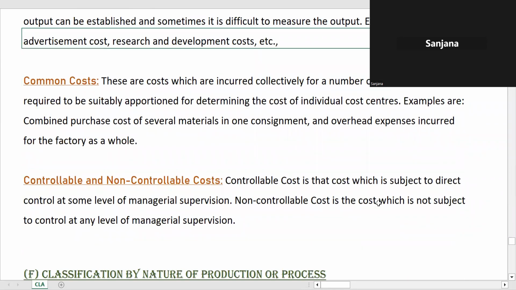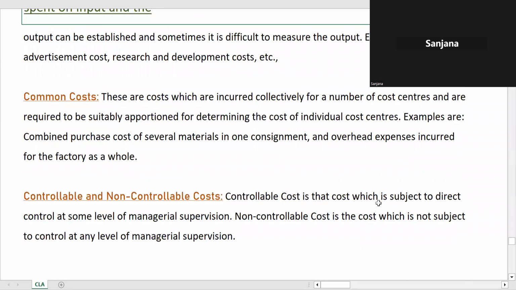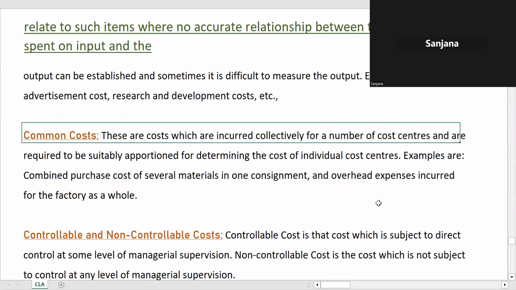And then is your common cost. Common cost is used mostly in process costing. So here what happens is, there'll be one cost center which will bear the cost, and that will then be apportioned to some other cost centers.